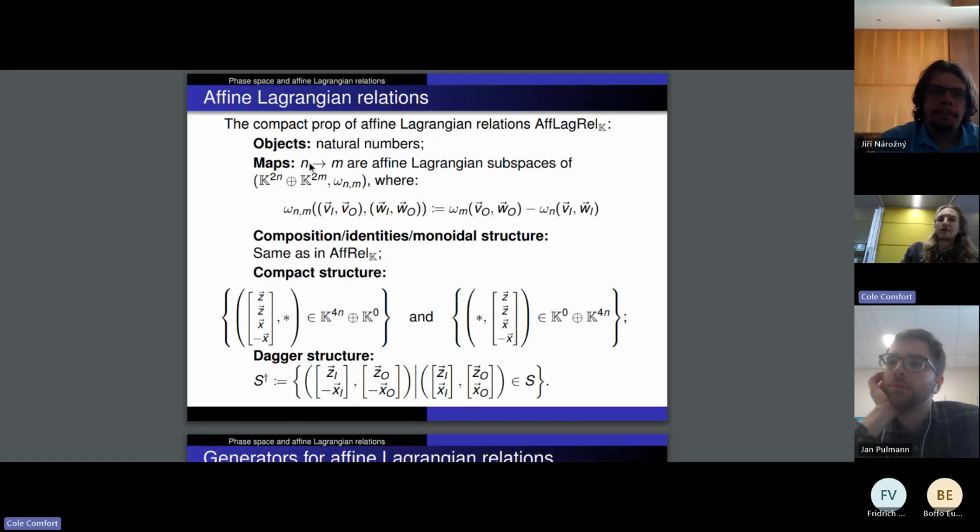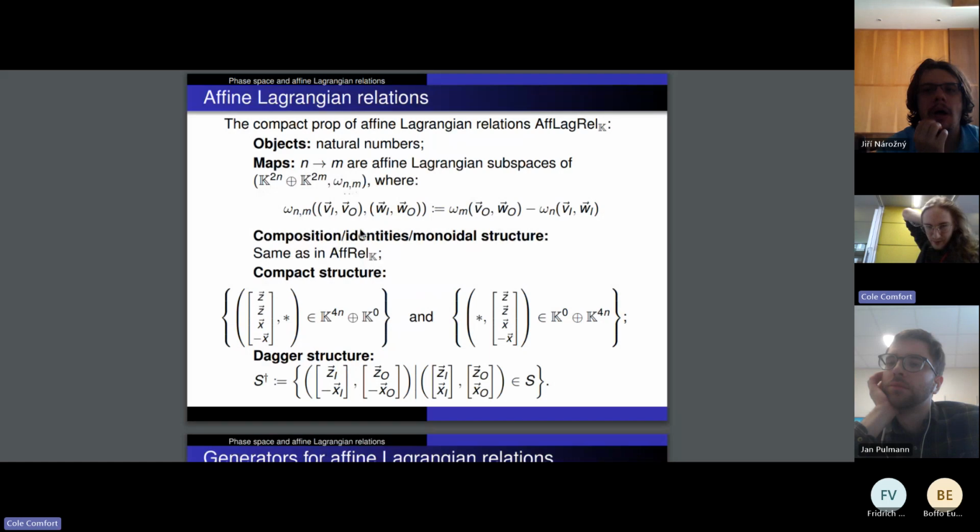With domain n and codomain m, the morphism is a subspace of k to the 2n plus k to the 2m, except now with respect to this new symplectic form which I'm defining, omega sub nm. What this does is it takes the input and output vectors, and takes the symplectic form on the output and subtracts the one on the input. If you define the category this way, then you can define the composition in terms of relational composition, just as in affine relations.